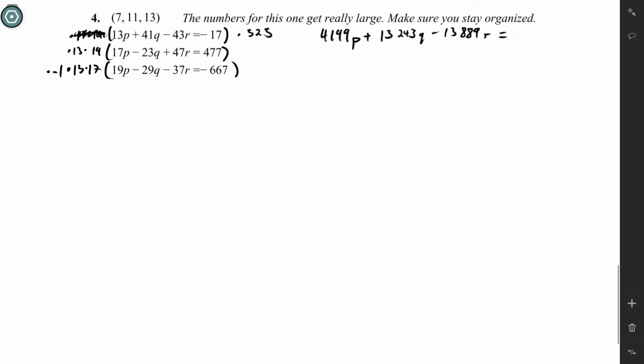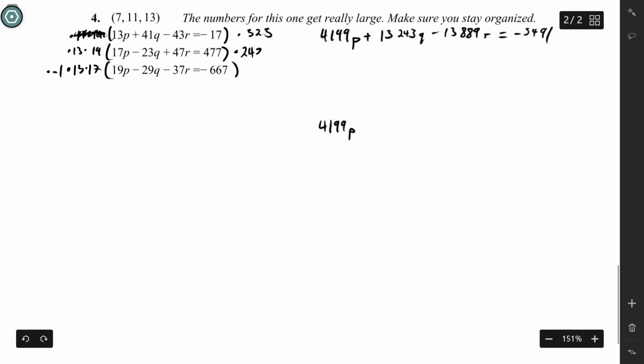The negative, though, negative 5,491. Okay, I'm going to write this next one a little bit lower. We actually know what the p's should equal, so we don't really need to crunch that number again. We should get 4,199p for this second equation here, because for this one, let me actually crunch that. 13 times 19 is 247, so multiplied by 247.